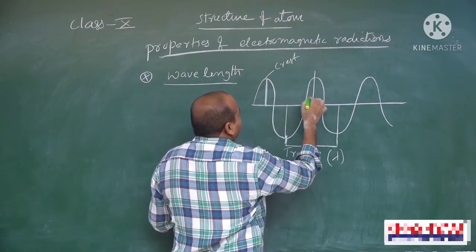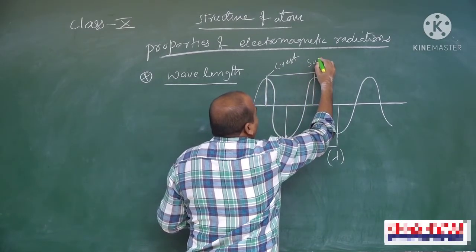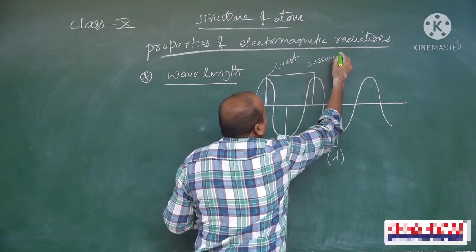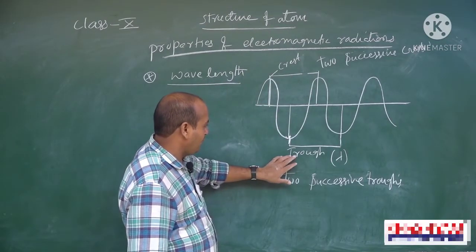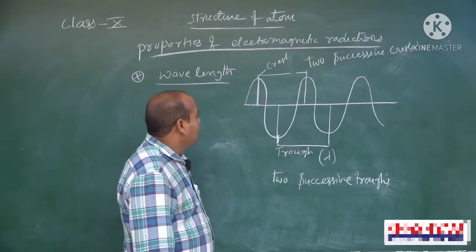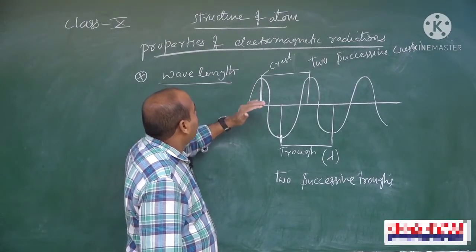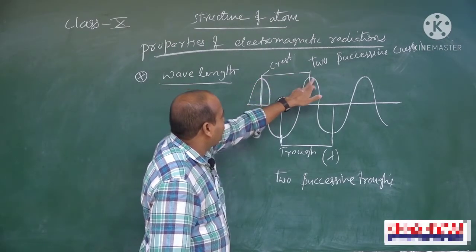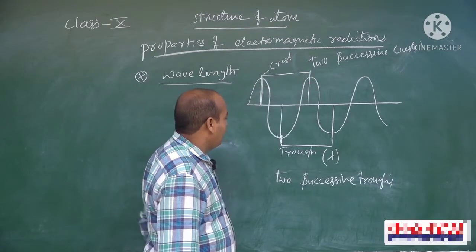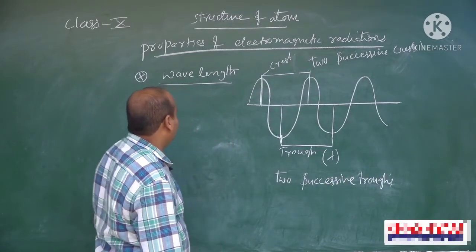Also, we can take this one as a successive upward displacement, crest, and downward displacement, trough. We know that. So what is meant by wavelength in electromagnetic radiation? The distance between two successive crests or two successive troughs is called wavelength.